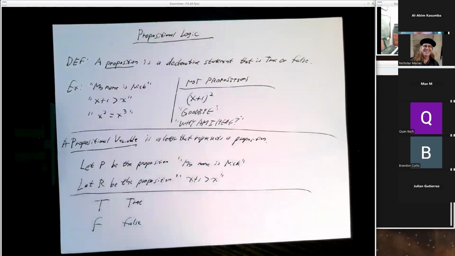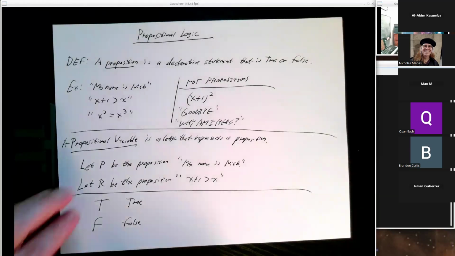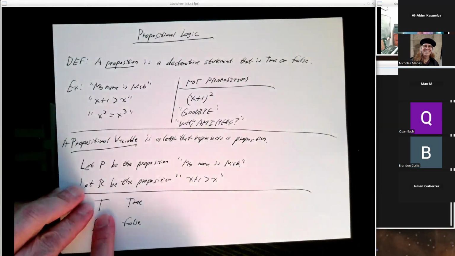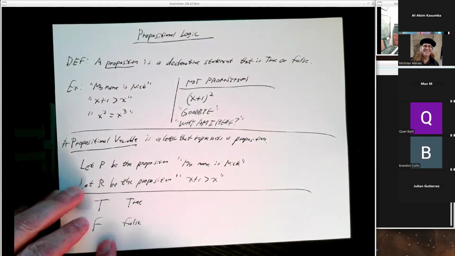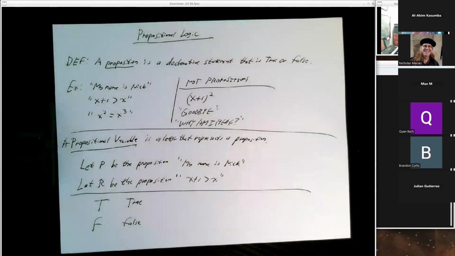And in English, we can make a complete sentence by just saying true or false, right? That is a declaration. It's in some sense the ultimate declaration. So we're going to consider true to be a proposition that is always true, or T, and F or false to be a proposition that's always false. So we've always got those truth values.